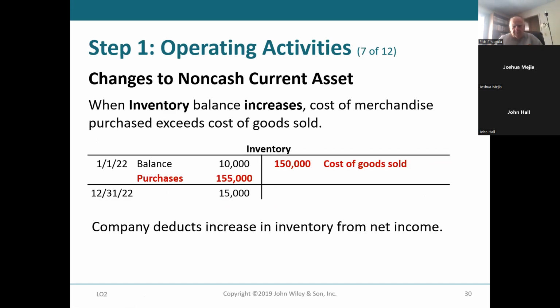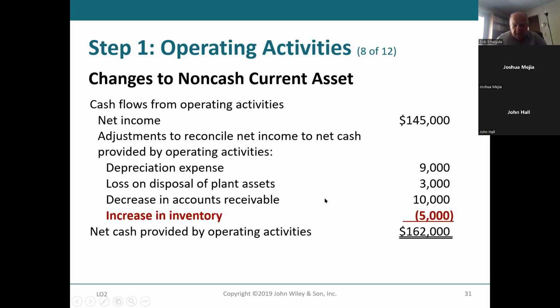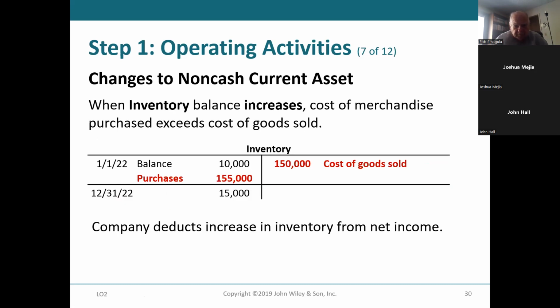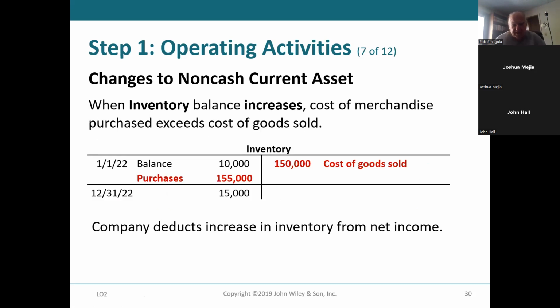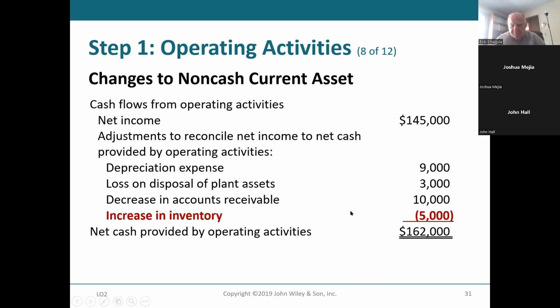Inventory, the same thing. If inventory went up, which it did here, it went up by 5,000, right? Beginning was 10, ending is 15. That will be added. Oh, it went up. And so you subtract it. See how easy it is to get mixed up if you go too quickly? In this case, the inventory went up. So that's unfavorable, and it goes in as a minus.